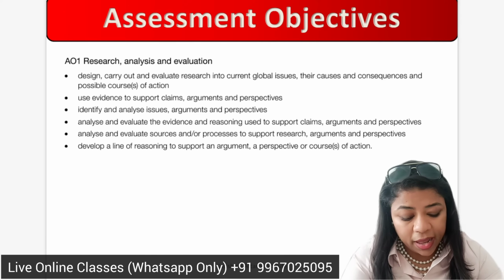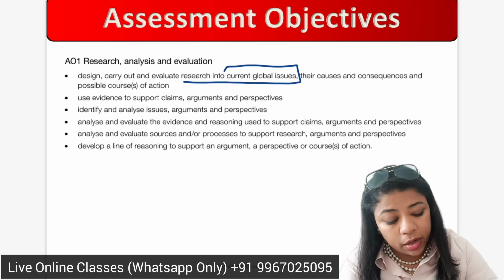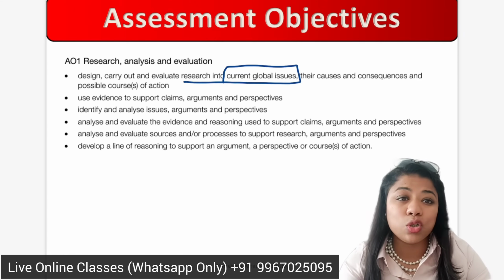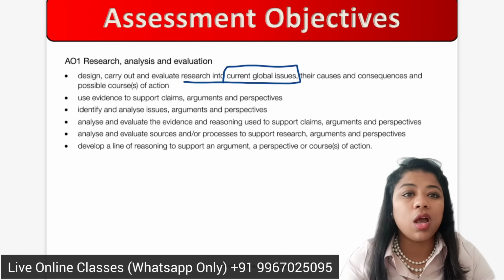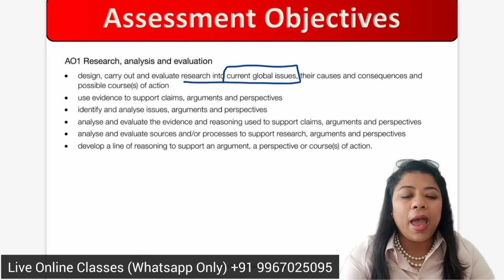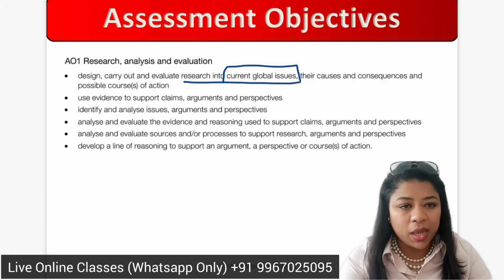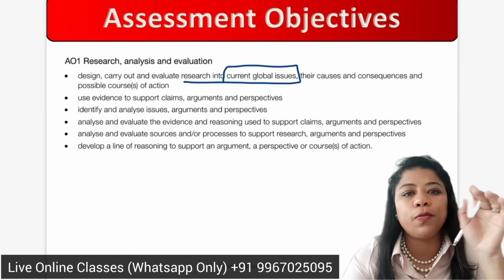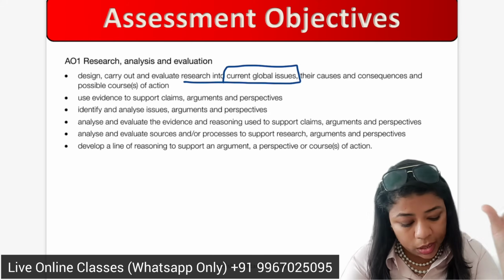Design, carry out and evaluate research into current global issues, their causes and consequences and possible courses of action. The most important thing is you should be focusing on a current global issue, which many times we do not do. Even while you select the topic, its relevance should be such that the issue focuses majorly on a current global issue.